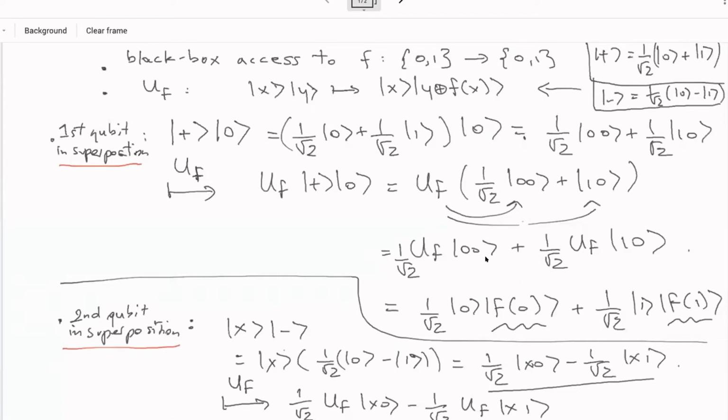I see what you're saying. By definition of U sub f, as you're saying, it should be y XOR f of x. Yes. But the second qubit here, the y qubit in this top case, is 0. So now I understand your question. It's actually 0 XOR f of 0, and here it should be 0 XOR f of 1. But if you XOR 0 to anything, the parity doesn't change. So that's why it's the same as saying f of 0, f of 1.